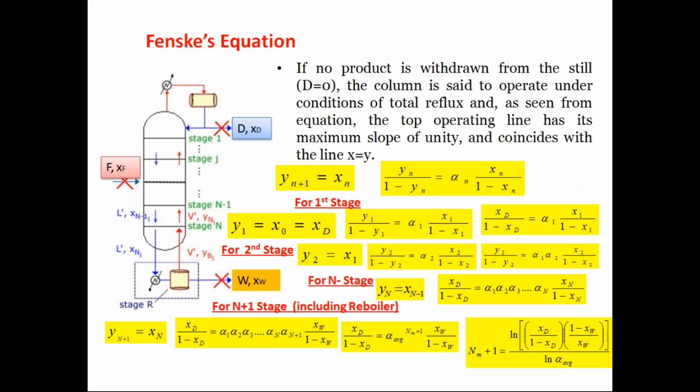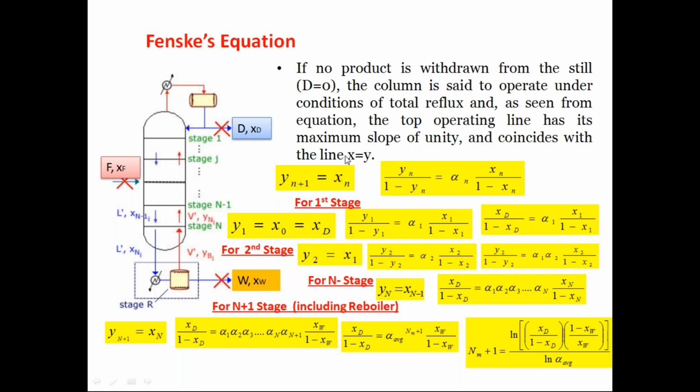So we have to make two assumptions in the Fenske's equation. If no product is withdrawn from the still, that means D is equal to 0, the column is said to operate under total reflux conditions. And as seen from the equation, the top operating line has its maximum slope of unity, because the slope will become 1 and coincide with the line x is equal to y, that is the 45 degrees line.